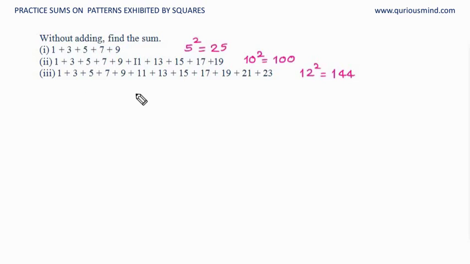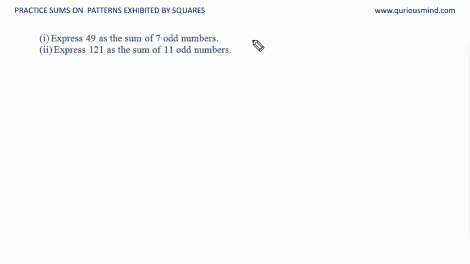Let's do the next one. Express 49 as the sum of 7 odd numbers. Now we know 49 is 7's square. So the sum of 7 odd numbers, if we were to write, we will write from 1. So it will be 1 plus 3. So we have 7 odd numbers and the sum of these is going to be 49.